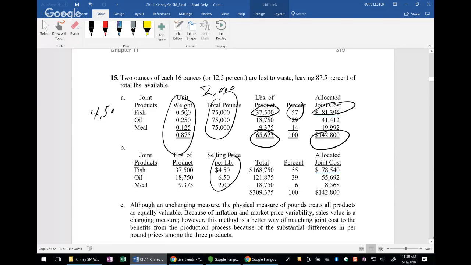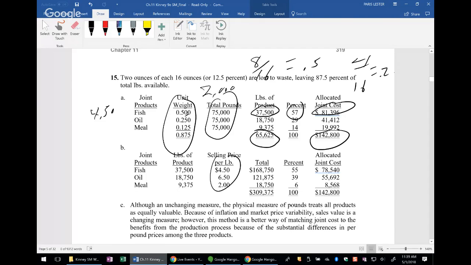Now, where that come from? 8 ounces is half of 16 ounces. 16 ounces in a pound. And that's decimal 5, correct? All right. Now, the oil was what? 4 ounces? 4 out of 16 then would be decimal 25, wouldn't it?